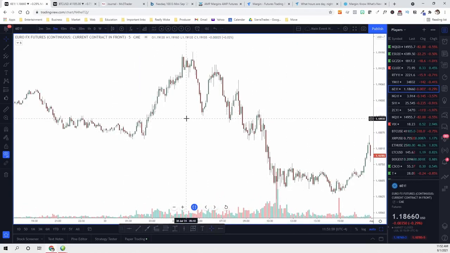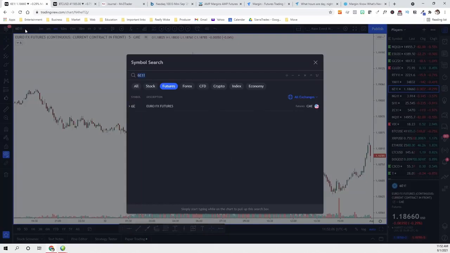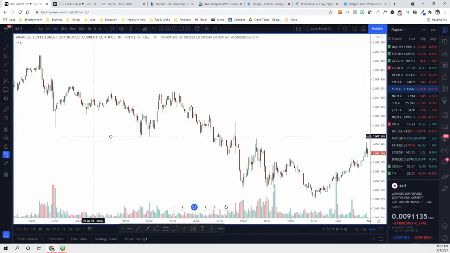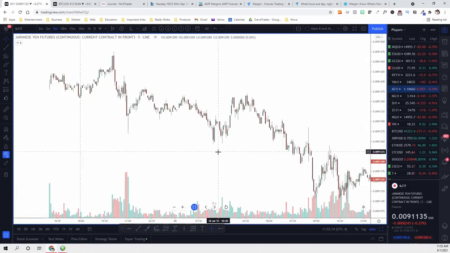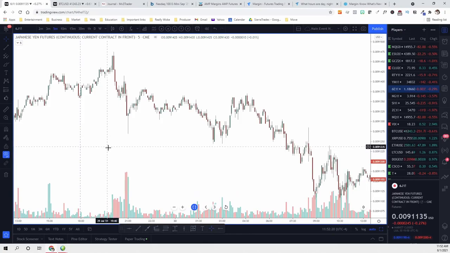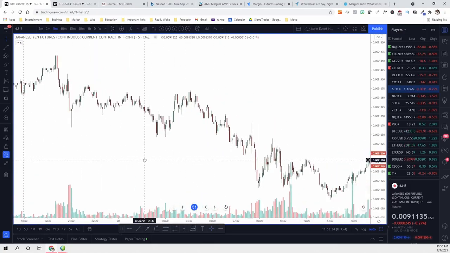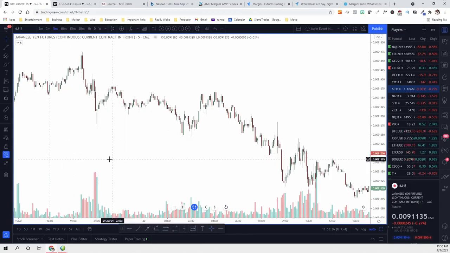Now, if we want to jump over to the Japanese yen, let me put in 6J here, and I'm gonna go over these symbols in a minute. Now, if you only have the evening session to trade, let's say after you get off work, after you put the kids to bed before you go to sleep, this is something where you can actually get good price action in the evening session, right?